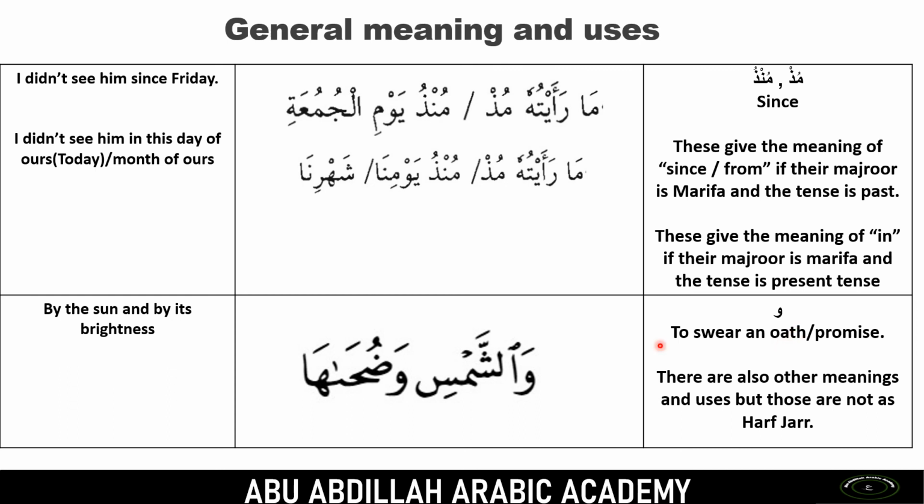Also wa can be used with other things to promise. The example here is washamsi wazuhaha, that is by the sun and by its brightness. So here wa is used to promise by two things, shams, the sun, and zuhaha, the brightness of it.